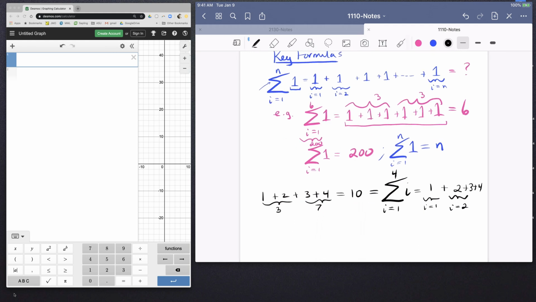So we can see here that the summation from i equal 1 to 4 of i is equal to 10. The quick way to see that is that 1 and 4, the ends, add up to 5, 2 and 3 add up to 5, and then there are 2 of those 5s, so that would be equal to 10. We'll do the general formula in a second.